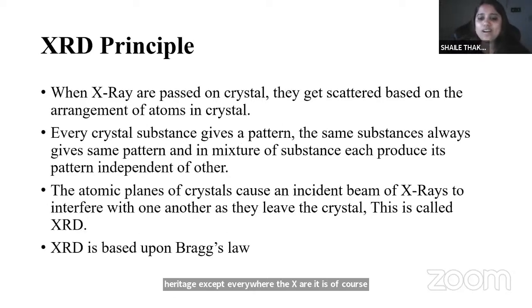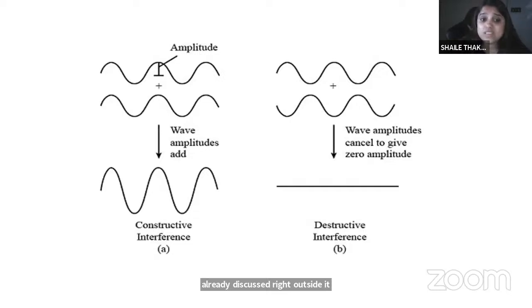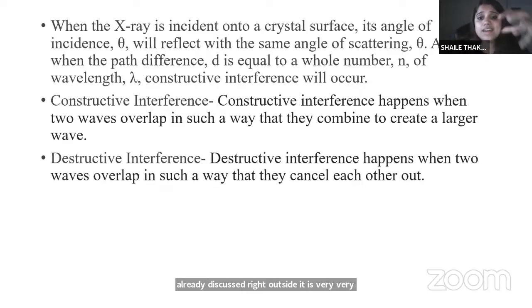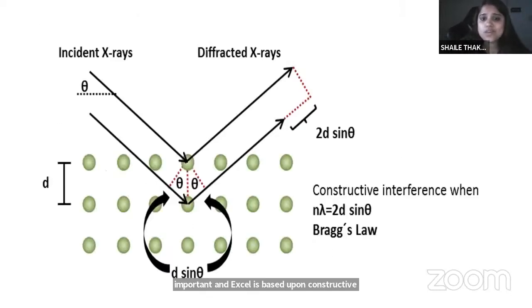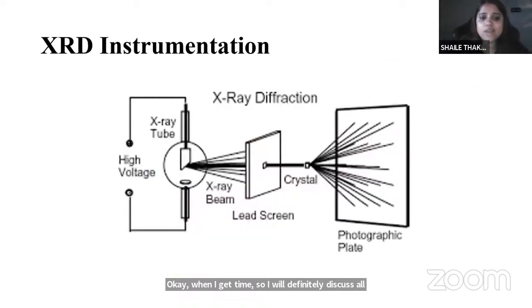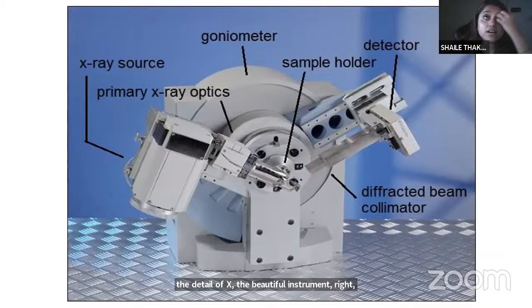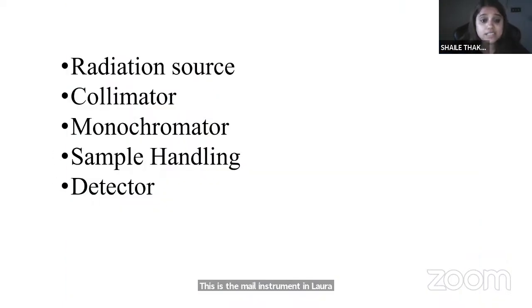Okay, XRD I have already discussed, right? XRD is very, very important, and XRD is based upon constructive and destructive interference. Okay, when I get time, I will definitely discuss all the details of XRD, a beautiful instrument, right? Basically used for GSR. This is the main instrument in your elemental analysis, right?